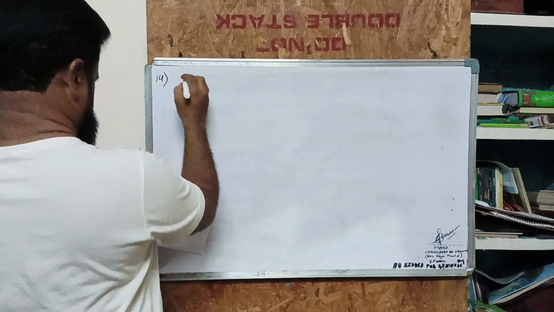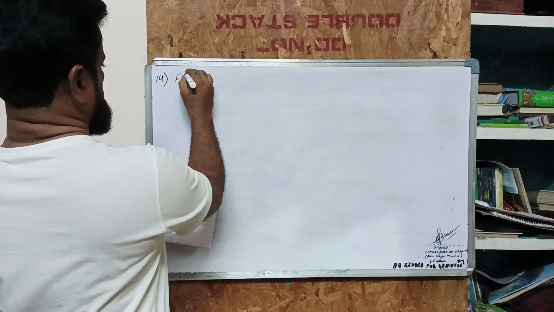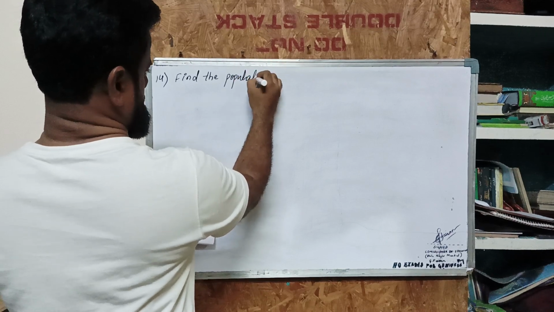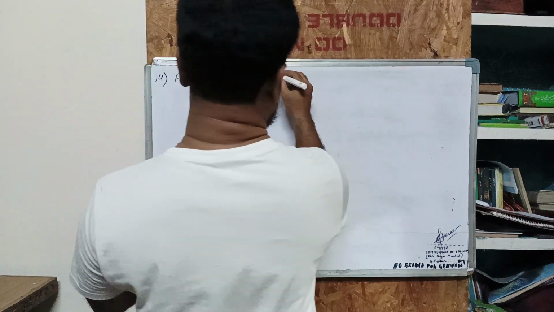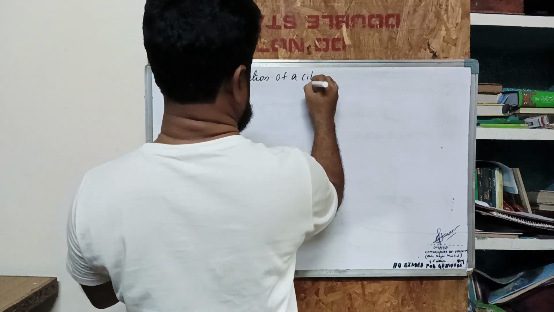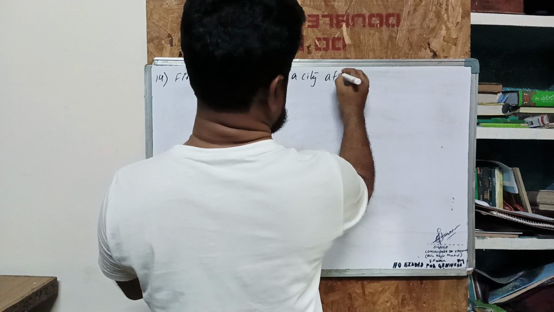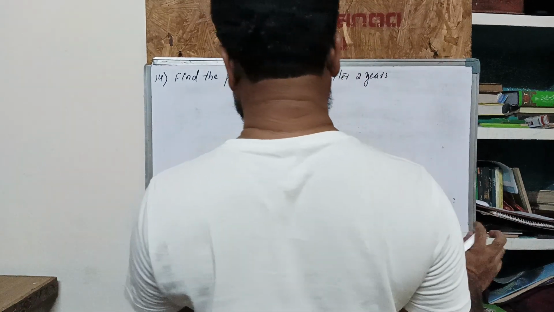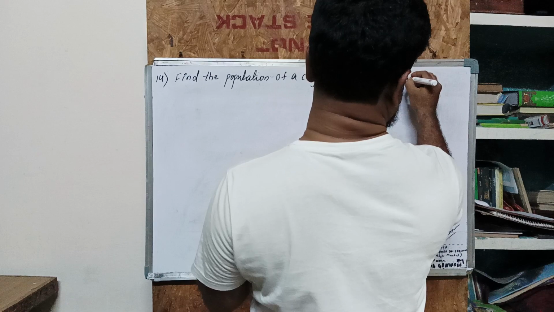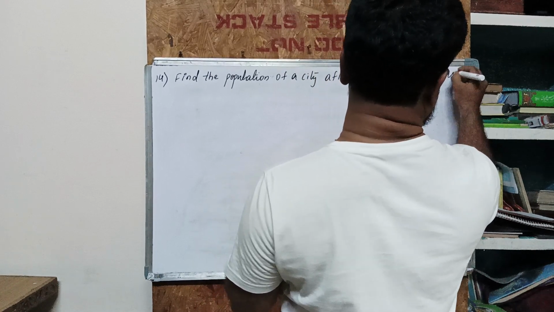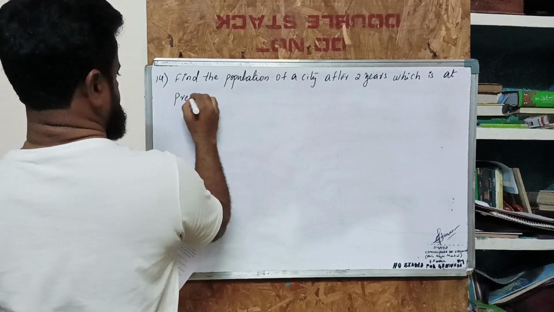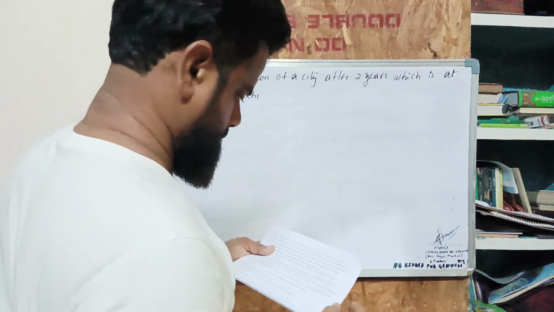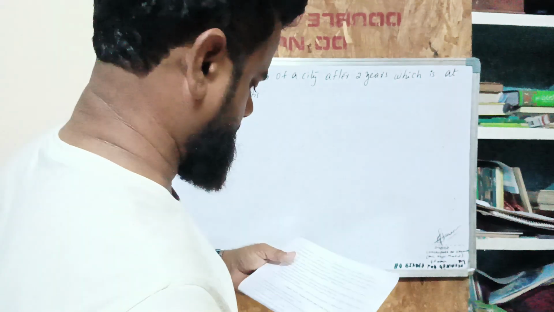Question is, find the population of a city after 2 years, which is at present 12 lakhs, if the rate of increase is 4%.